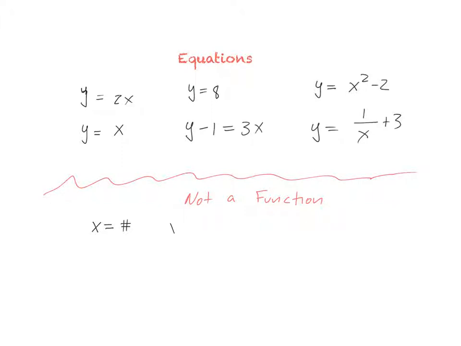So that can be x equal 1, x equal 14, x equal negative 25. And sometimes people are going to try to trick you, and they may give you x minus 1 equals 3. Whenever you have an x by itself giving you a number, you're actually not going to get a function.